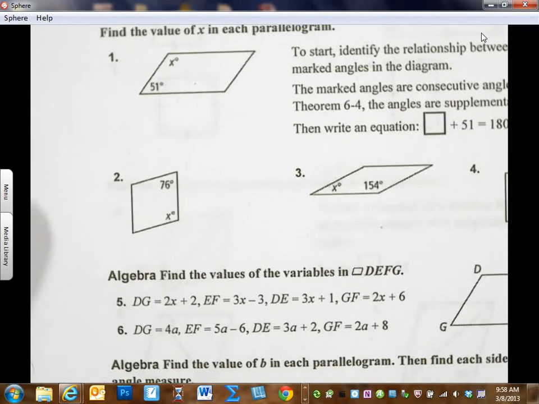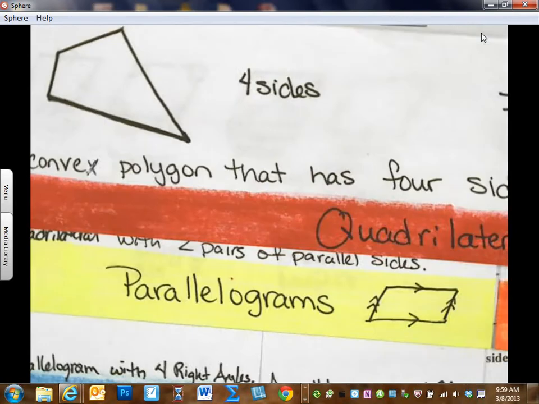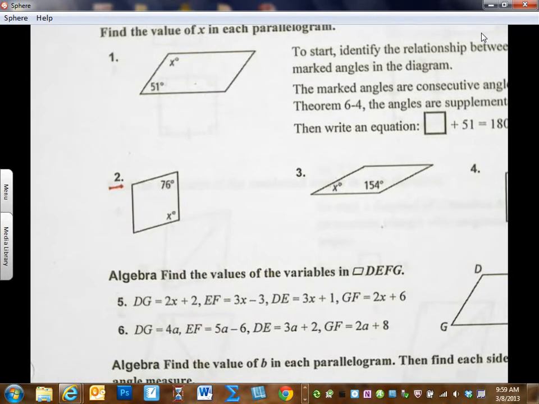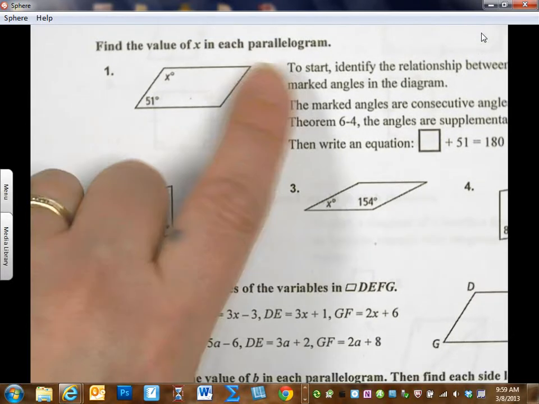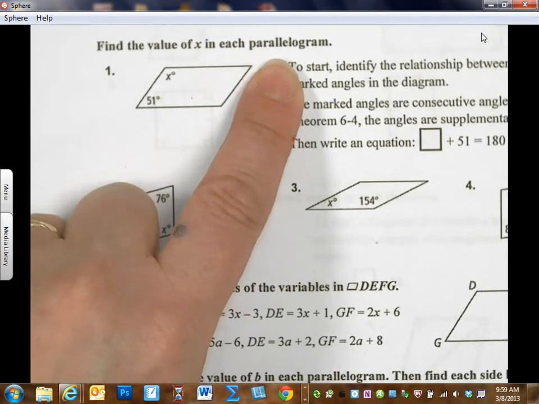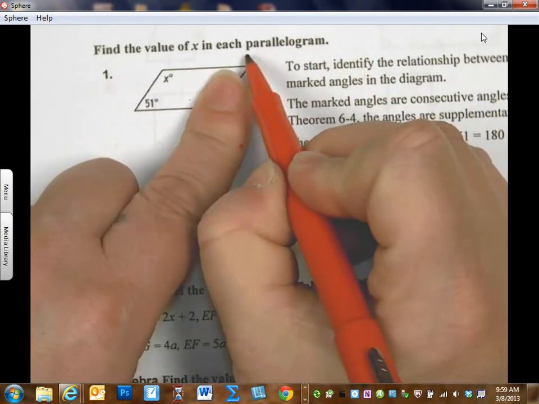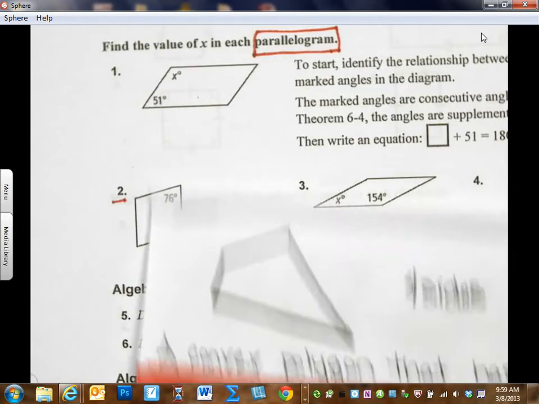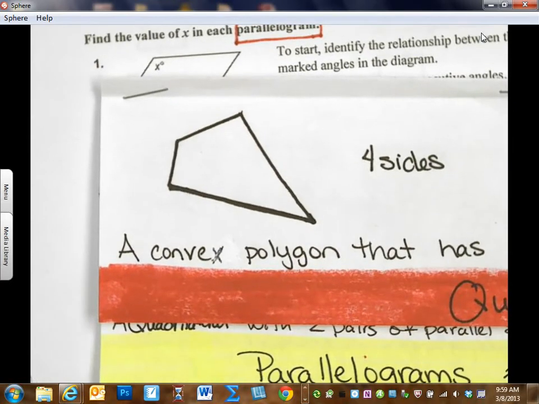Okay, look at number 2. In number 2, and you might want to have with you your flip book, because you need to know this in order to do the problems. Okay? Now notice up here, we're working with parallelograms. If I were a student, I would underline that, because parallelograms means I'm only going to be working on this tab that's parallelograms.